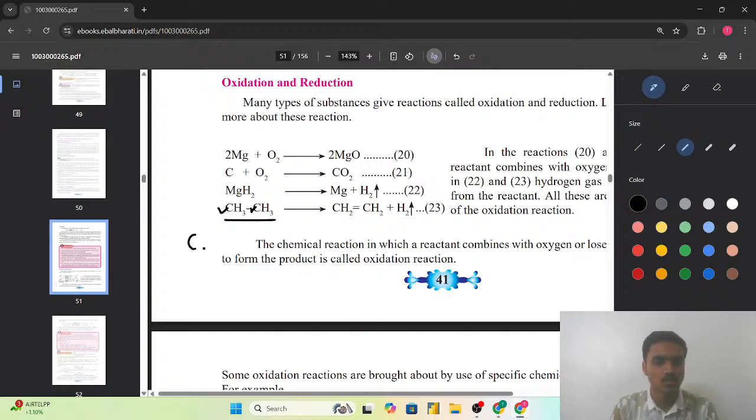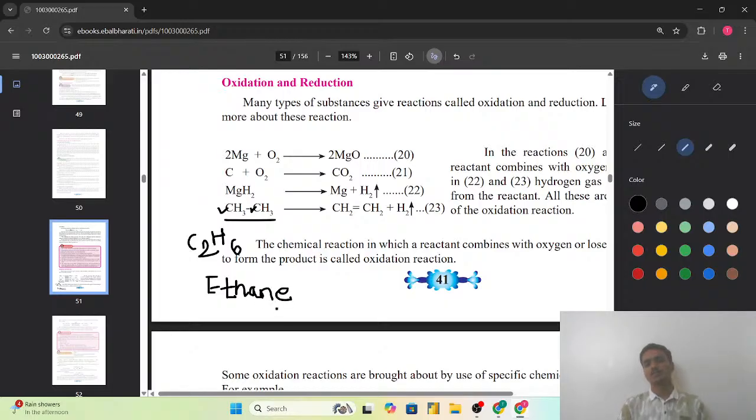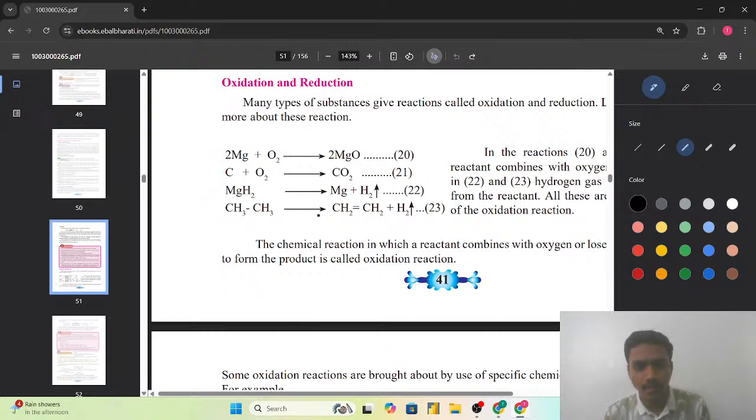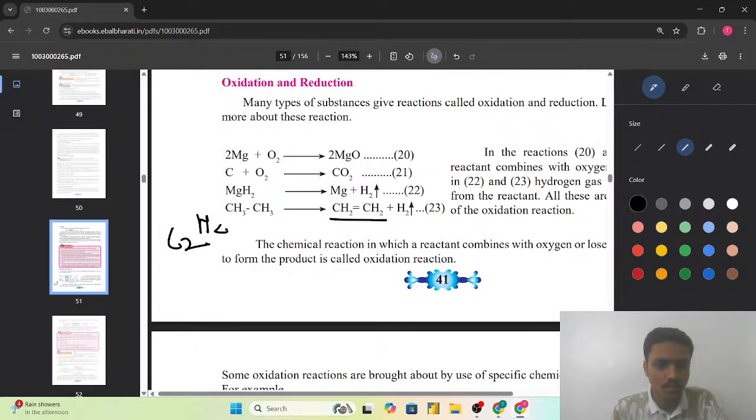C2H6. It is ethane. So here we are seeing that when ethane leads to formation of CH2CH2, that is C2H4.